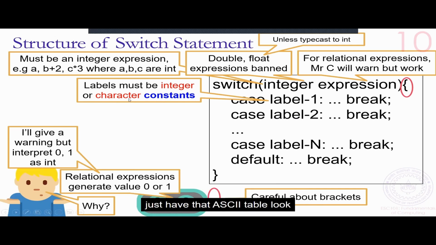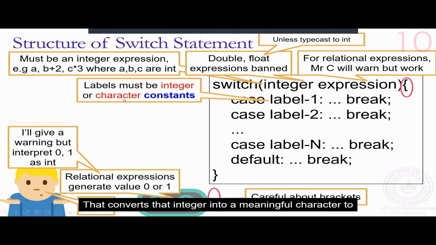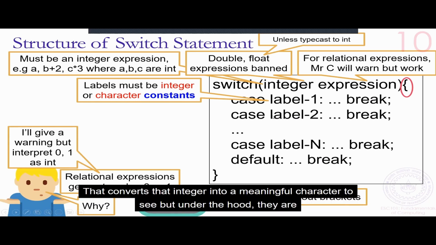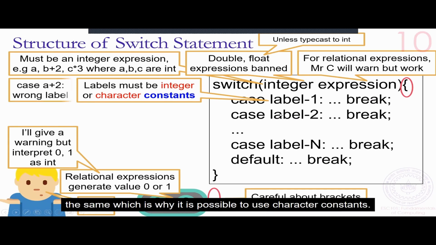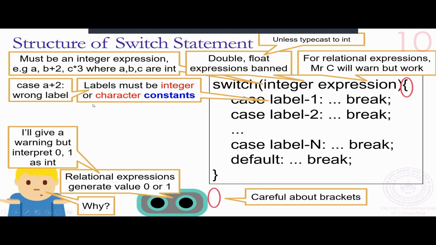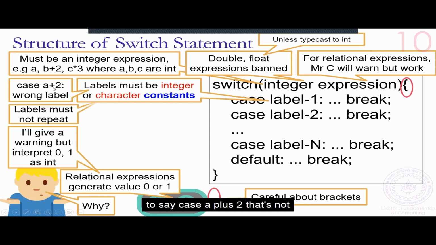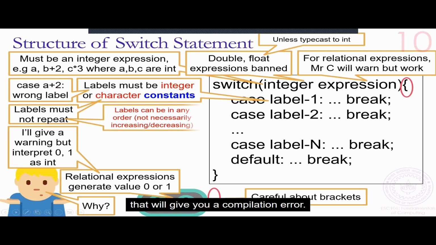You just have that ASCII table lookup that converts that integer into a meaningful character for C, but under the hood, they are the same, which is why it is possible to use character constants. If you try to mix them, like try to say case A plus 2, that's not going to work. Also, labels cannot repeat. You can't have the same label on multiple cases. That will give you a compilation error.